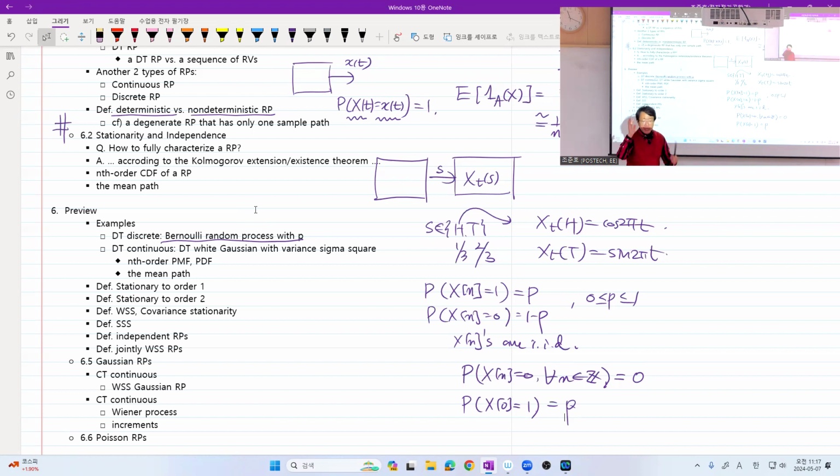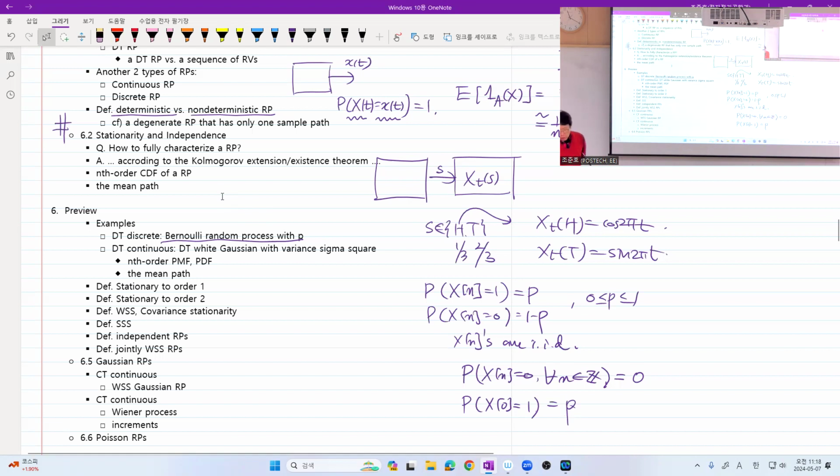So there exists some function X_t(s), even though we do not know how to write down the rule. Got it? So in that sense, we may either use the measure theoretic definition, or we may use joint CDFs. And when do you use the measure theoretic approach, or the joint CDF approach? That depends on your problem or situation. Got it?